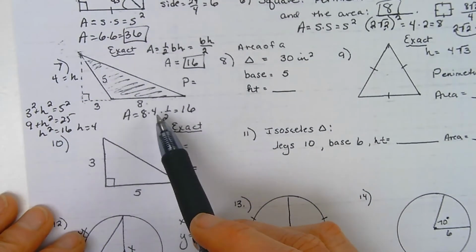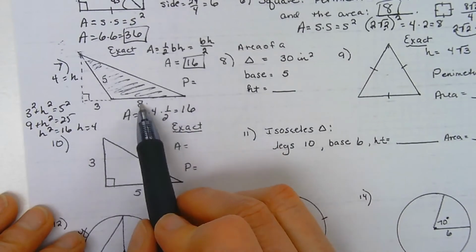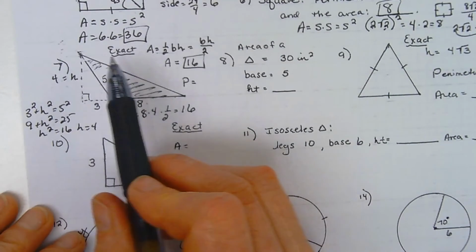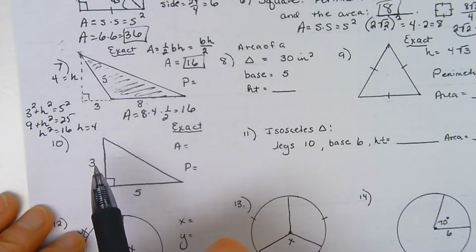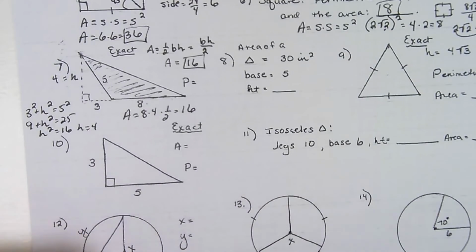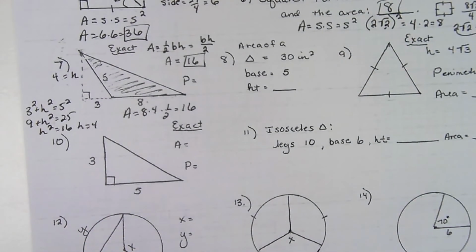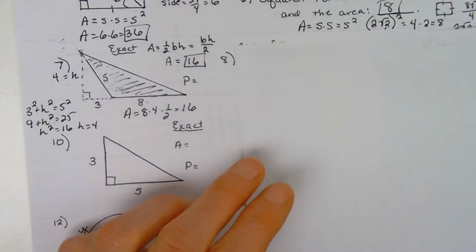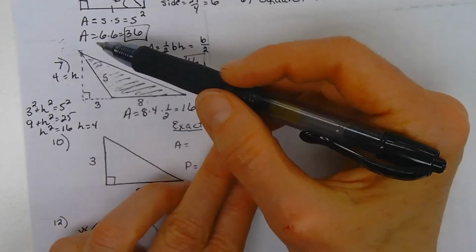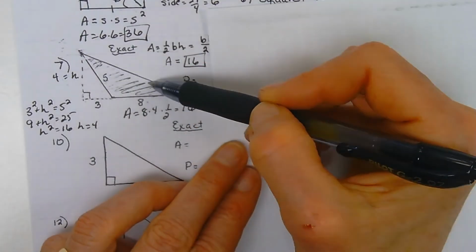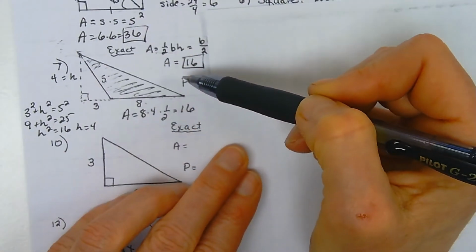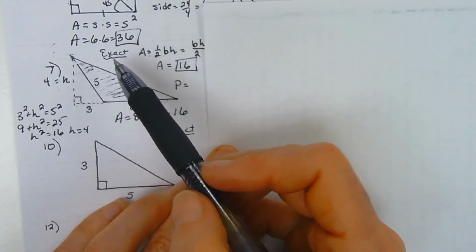Now the perimeter is 8 plus 5 plus whatever this length is. I'm going to get an extra piece of paper. Can we find the length of this side? And we can, just very carefully, we have to look at this.